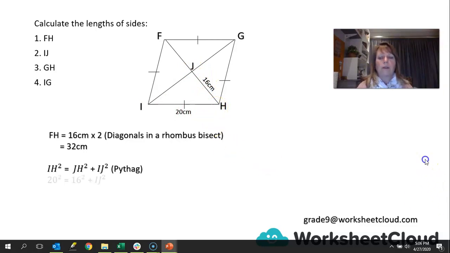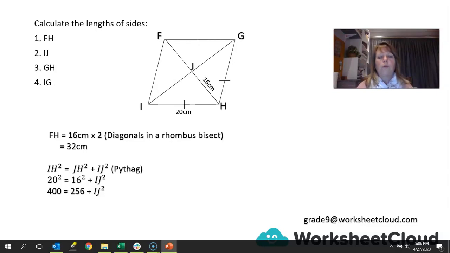All right, let's have a look. Here we've got 20 centimeters squared, 20 squared, is equal to the 16 squared plus the RJ, which we don't know. Okay, which means that we can work it out. 20 squared is 400, 16 squared is 256, and we don't know RJ, so we just still write RJ squared.